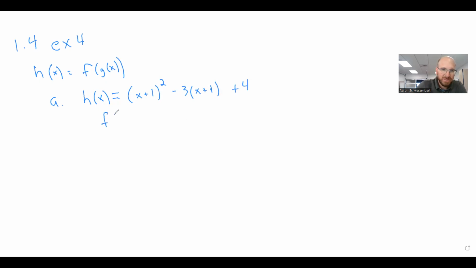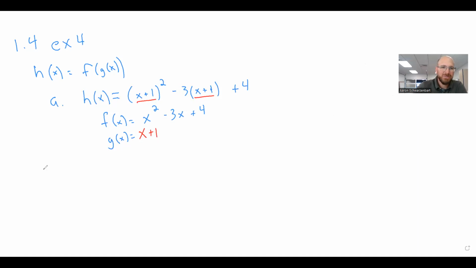So I'm looking for what is my f of x and what is my g of x. g being on the inside, I'm looking at g of x as being x plus 1, plugged in for the x in x squared minus 3x plus 4. So x plus 1 replaces those and I get my h of x.